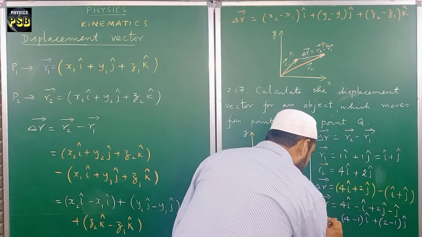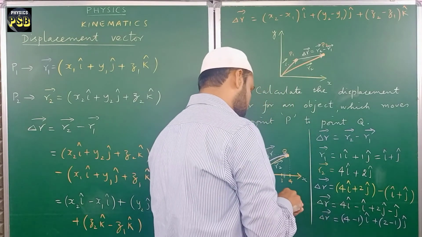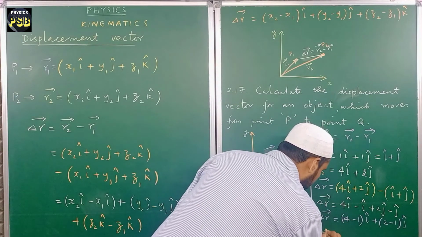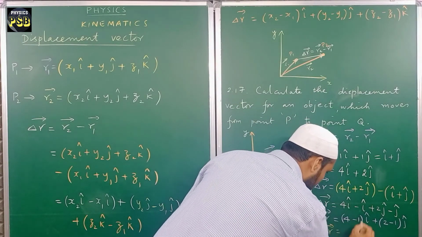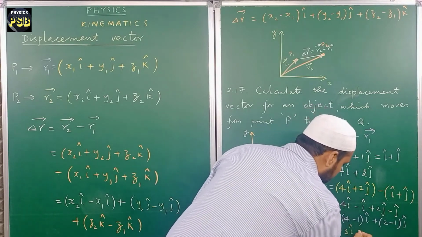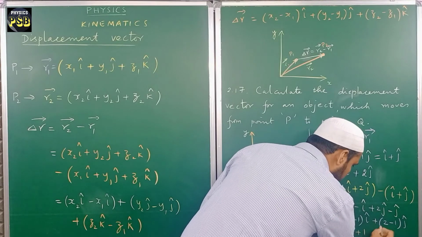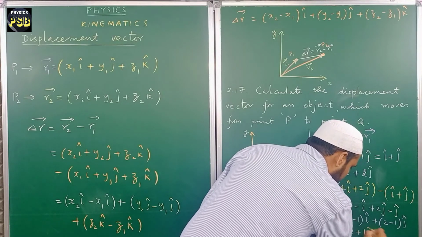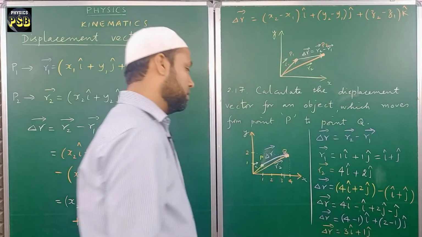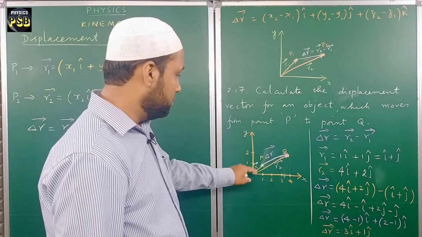This gives me the displacement vector, delta R vector. Okay. So here delta R vector is equal to 3I cap plus, here 2 minus 1 is 1, j cap.